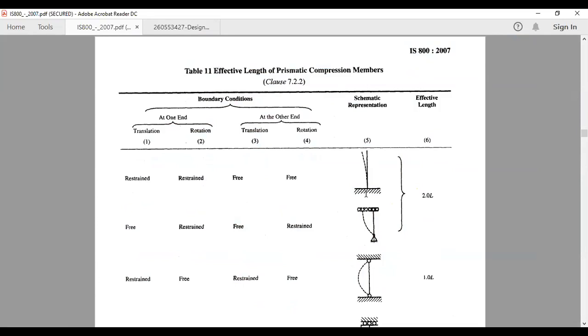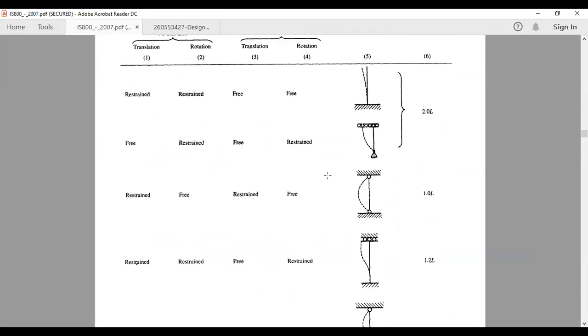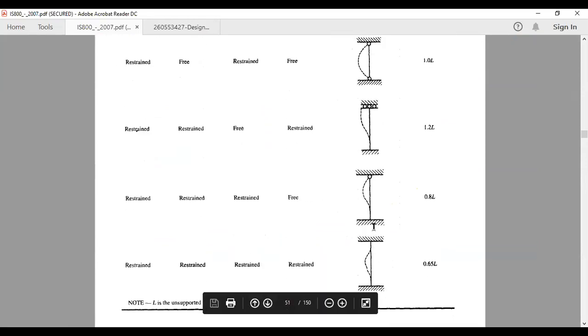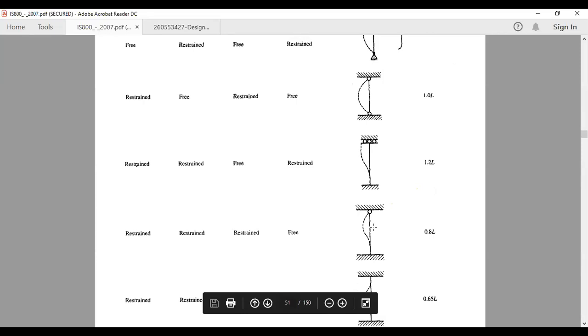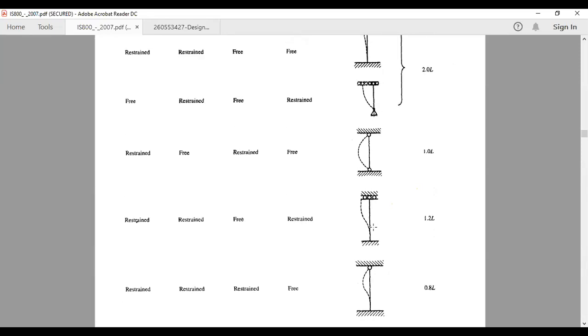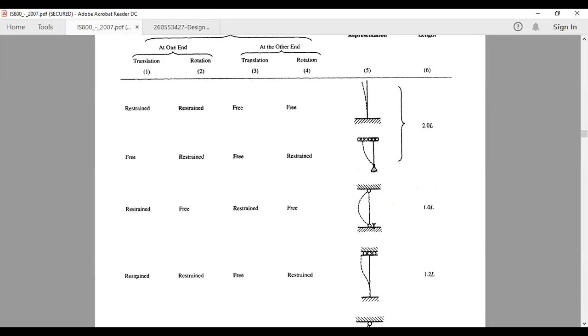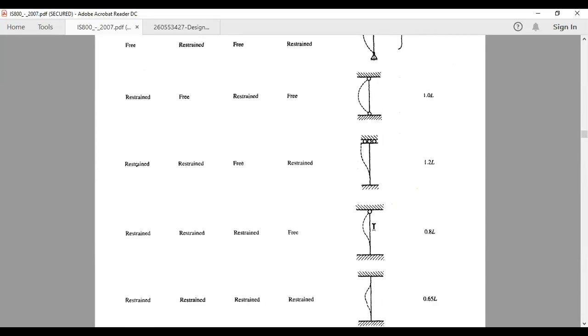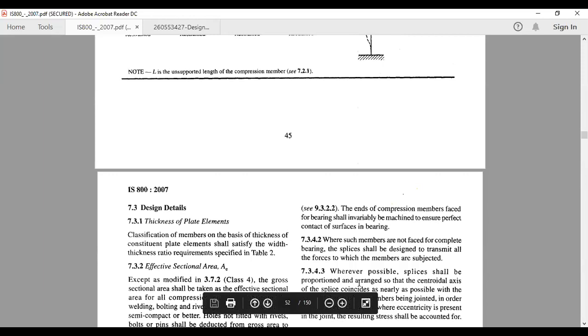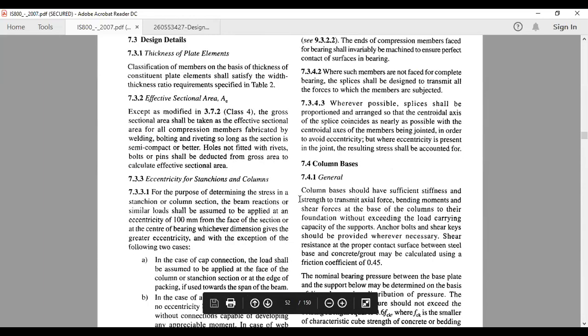That itself you consider for your calculation as the effective length. You don't come across any hard fixity there. So whatever length you calculate or are given in the question, you adopt that as K into L, and from that you calculate the slenderness ratio, the KL by R ratio.